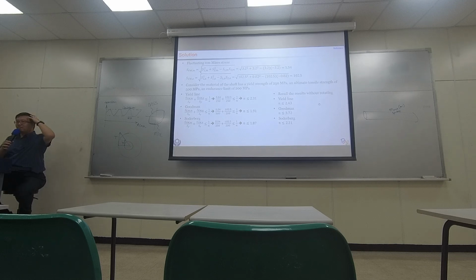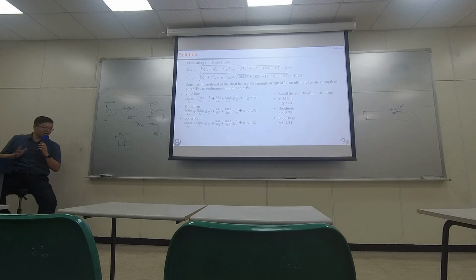So from our common sense, we know if you bend something both ways constantly, then you should be generating fatigue issues. And the fatigue model tells us the same thing. Still, the Soderberg model is the most conservative one. But this time, Goodman is giving us a lower value than yielding. Why is that?